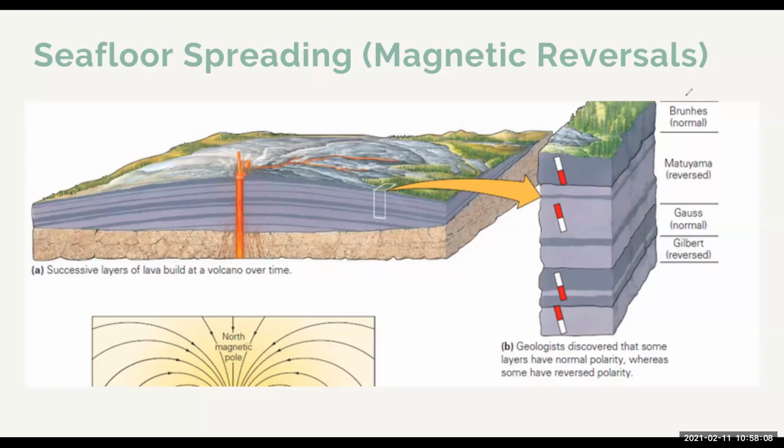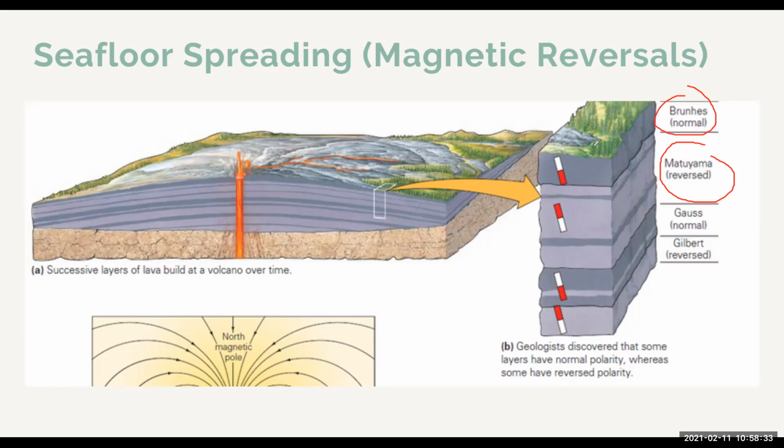Okay? Etong mga pangalan na to, ang mga pangalan niya ng scientist daw na pang malaki yung ambag sa science ng magnetism, if I'm not mistaken. So, pinangalan yung mga layers. For example, itong current na layer ng mga rocks, ng mga magnetic na orientation ng magnetic minerals natin, normal yung orientation nila.